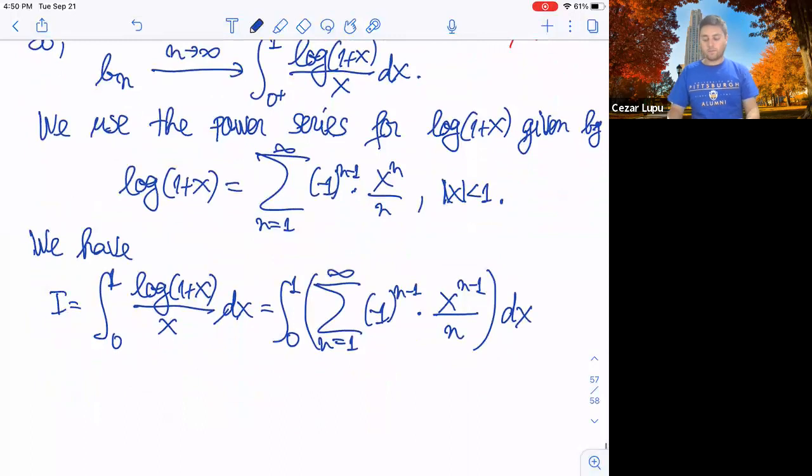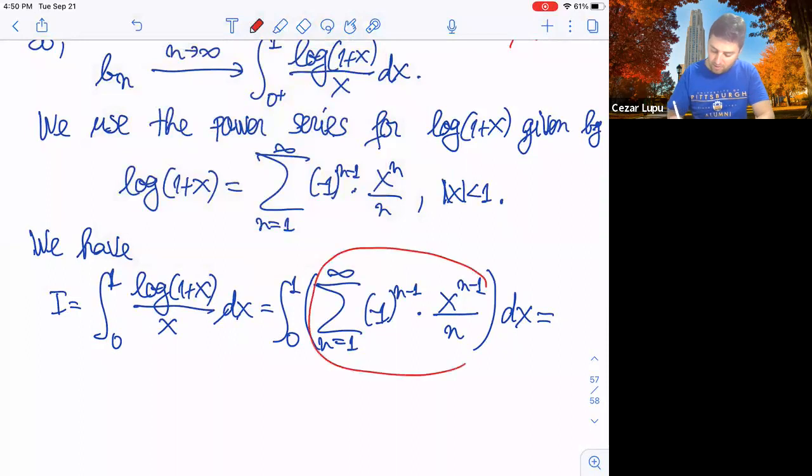All right. And now our goal is to swap the integral with the power series, but the question is, is this series uniformly convergent? Is it?